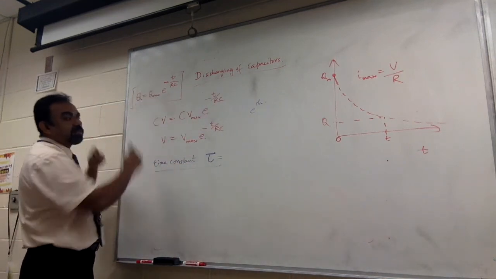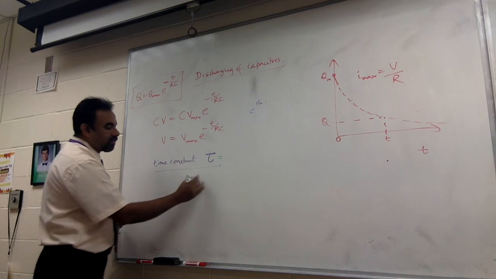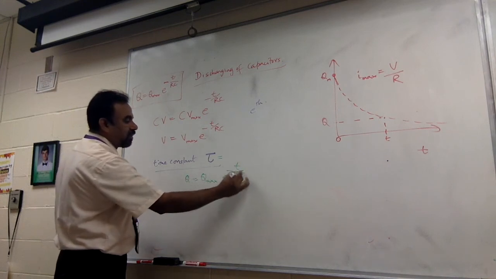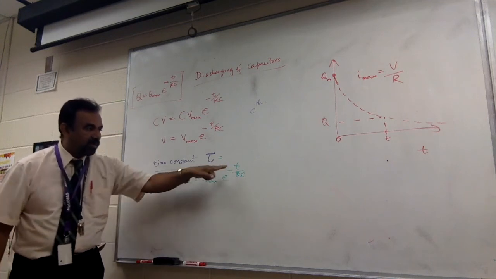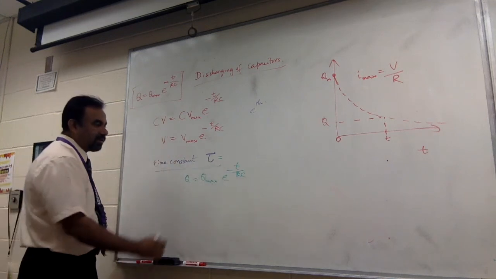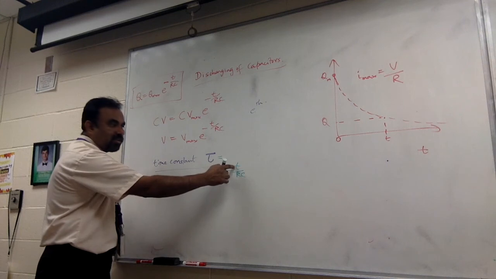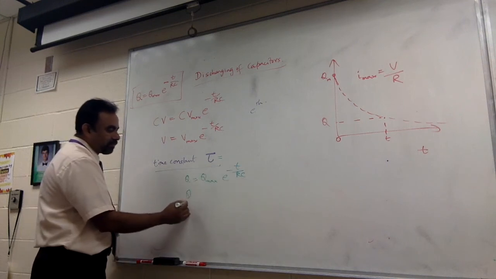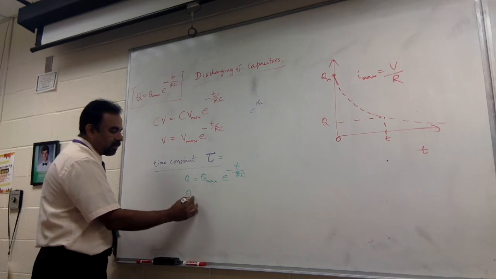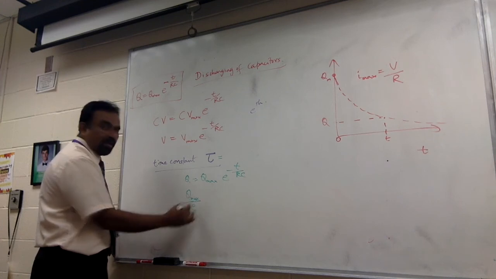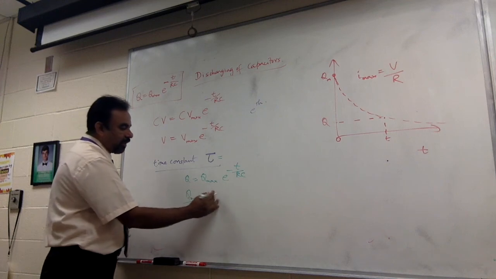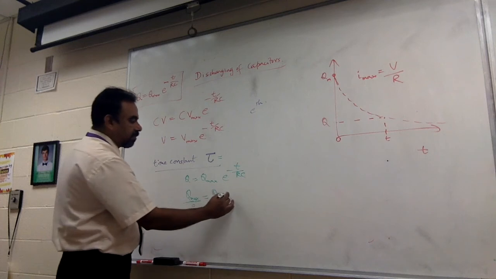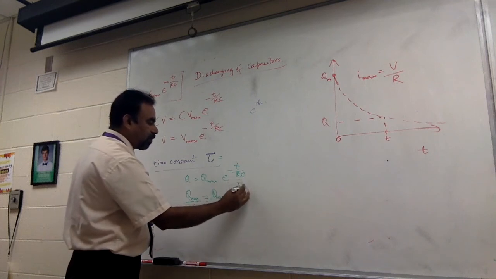So taking that expression, Q is equal to Q max e to the power of minus t over RC. Now, what is time constant tau? If I put tau instead of t, then the expression becomes Q max over e is equal to Q max times e to the power of minus tau over RC.